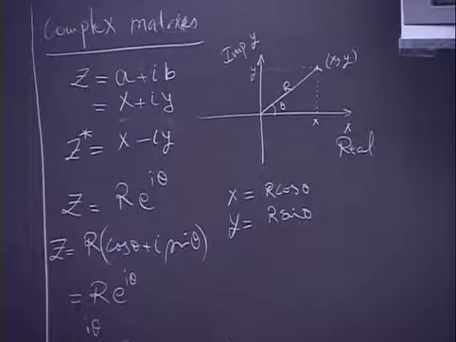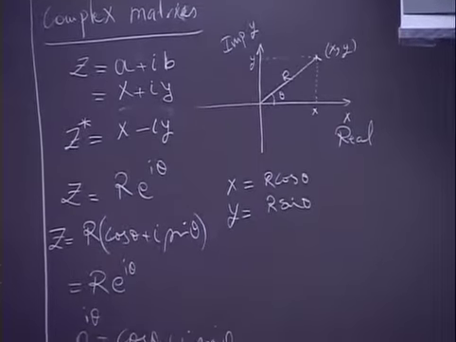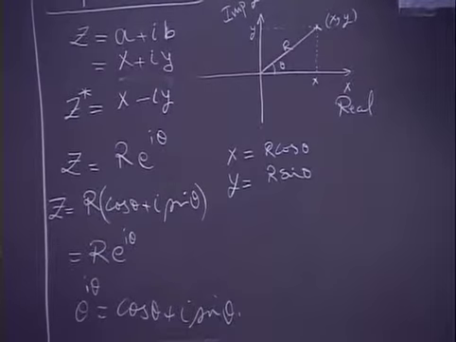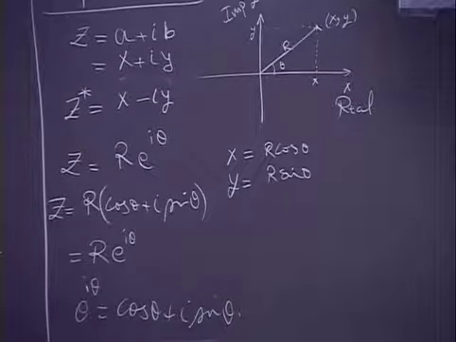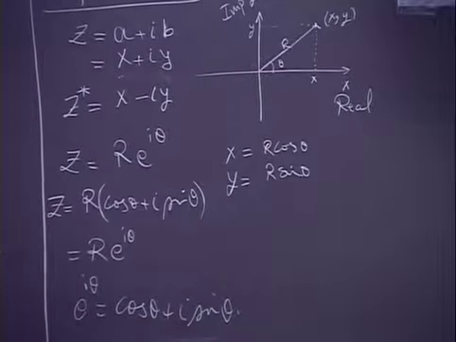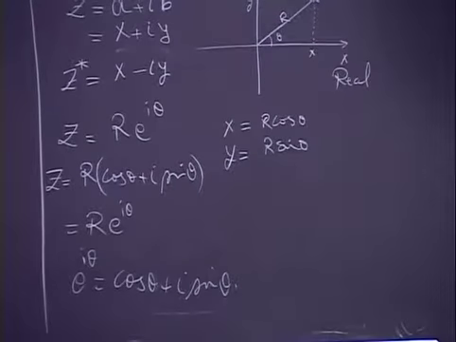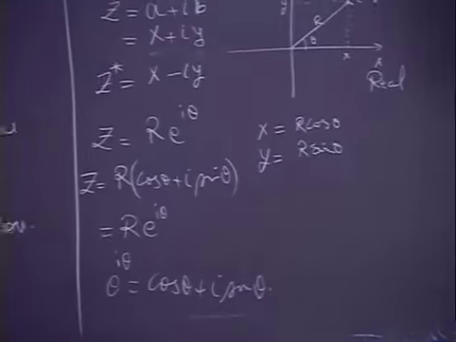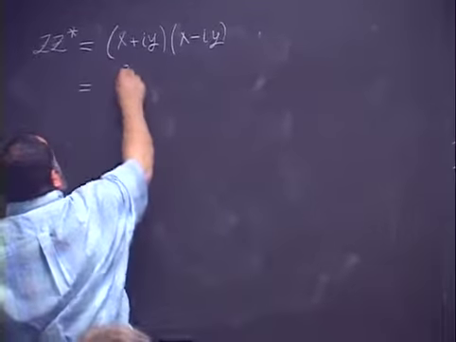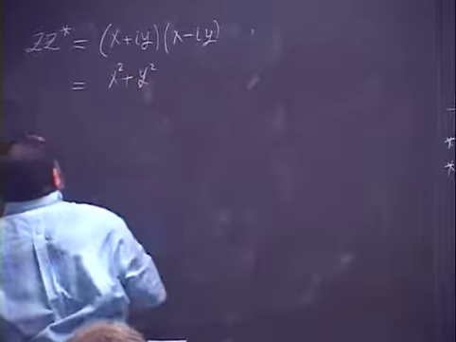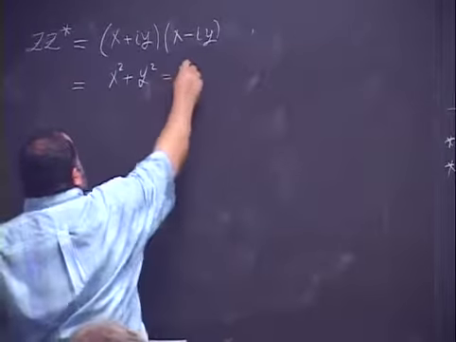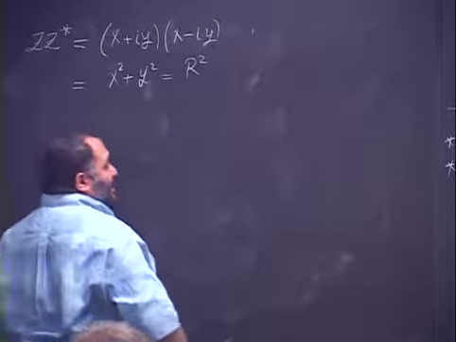This is just basic complex number theory. Again, if you multiply z by its complex conjugate, this will give you x plus iy multiplied by x minus iy, and this will give you x squared plus y squared, which is r squared.